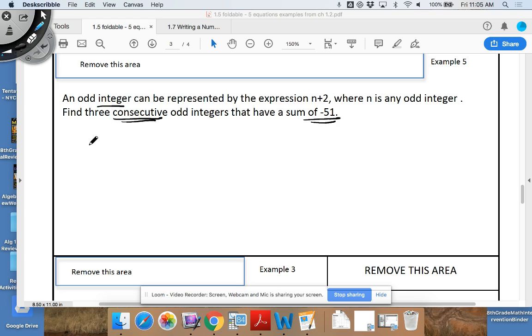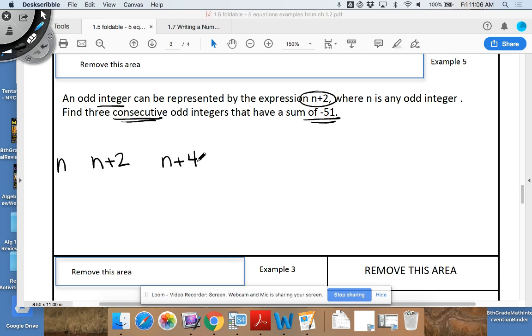Okay, the first odd integer is going to be n plus 2, because that's what they told us we could represent the first one by. The one before that is just n. The one after that is n plus 4.